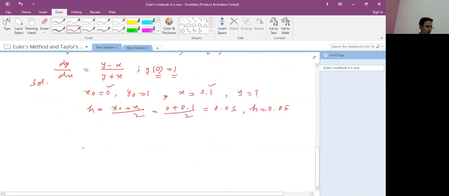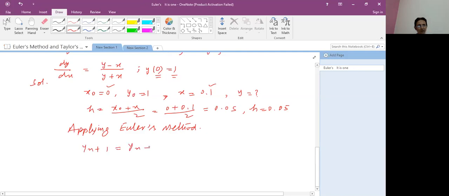we consider the first point. Now we write the formula, applying Euler's method. What is Euler's method? You know very well, yn plus 1 equals yn plus h times f of xn, yn, where n runs from 0, 1, 2, and so on.